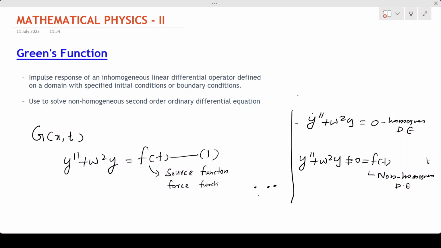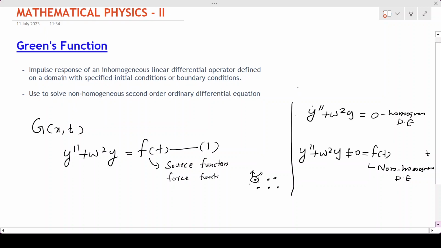This function is actually triggering a particular particle. If you take a single particle here and apply a force on it, there will be a movement of this particle, and an impulse will be associated with that. So this force function we can also call an impulse function.